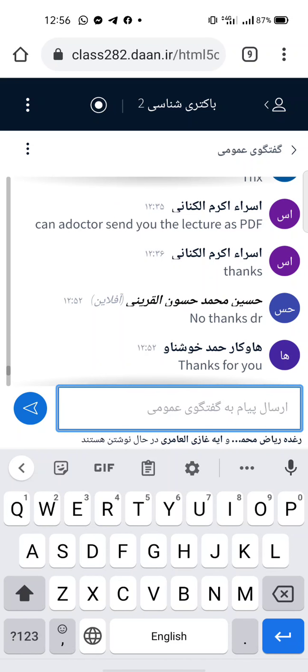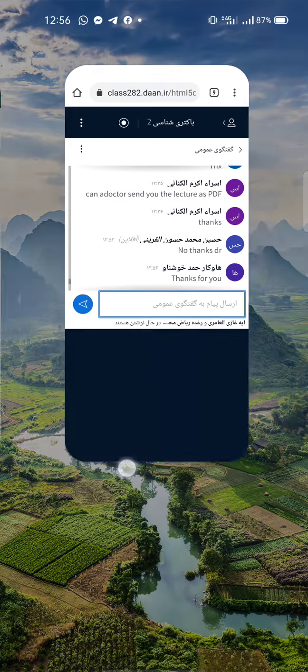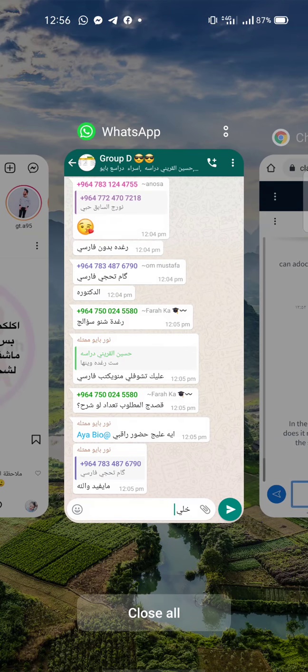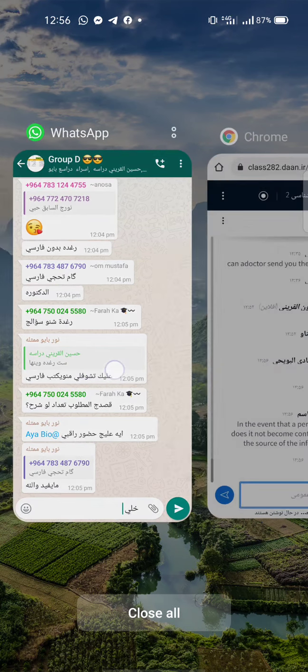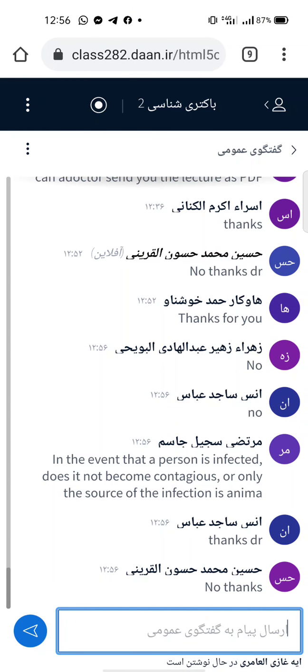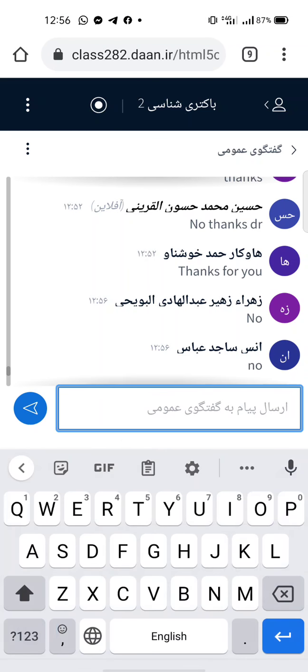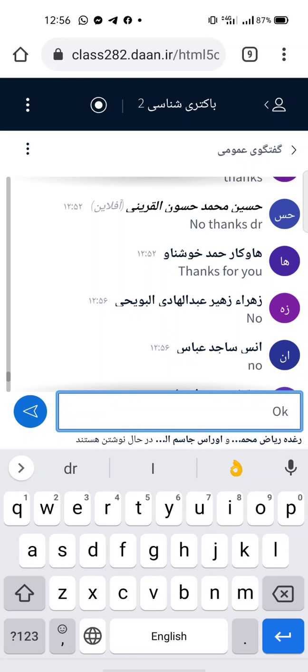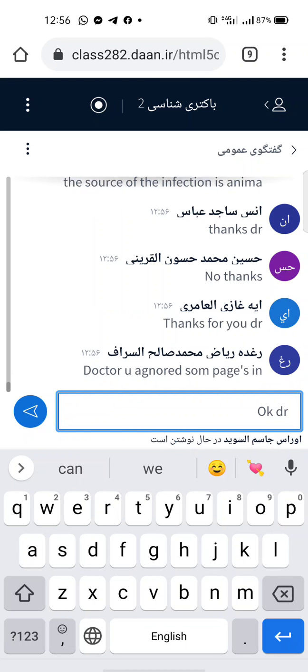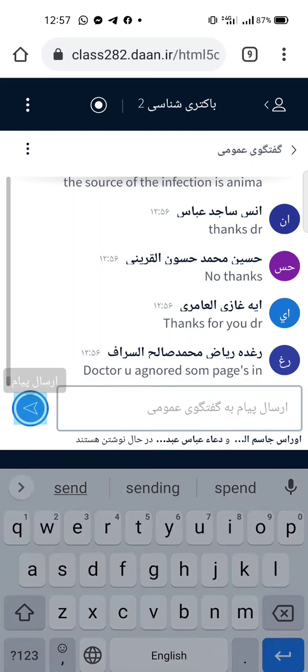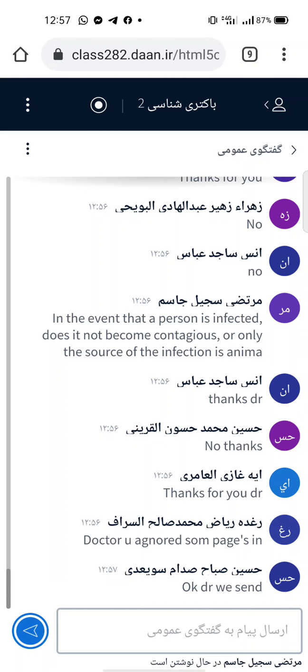In the event that a person is infected, does the person become contagious, or is only the source of the infection the danger? For Yersinia, if it is gastroenteritis disease, no, it's not contagious.